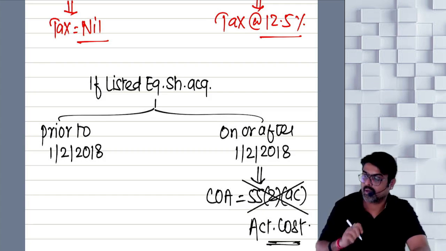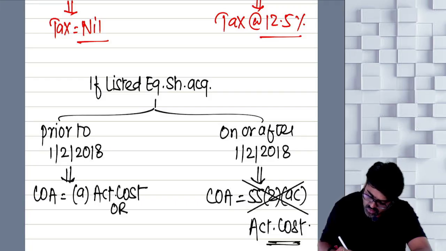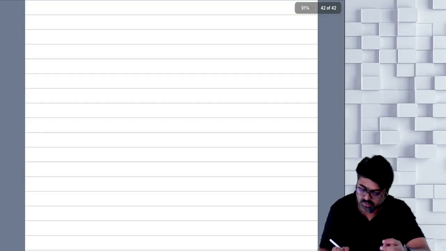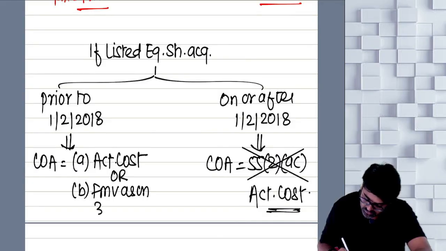But if you had acquired them prior to 1st February 2018, then your cost of acquisition will either be your actual cost of those shares, or we are going to give you an option to take the fair market value as on 31st January 2018.